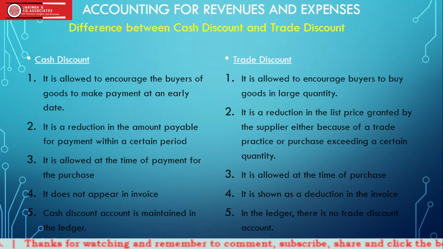And then the fourth one, cash discount does not appear in an invoice. We will have invoiced you, so when you're coming back to pay, you know that you're supposed to pay this much. But since you want to enjoy the cash discount, instead of coming to pay after 30 days, you'll come back and pay within 15 days.